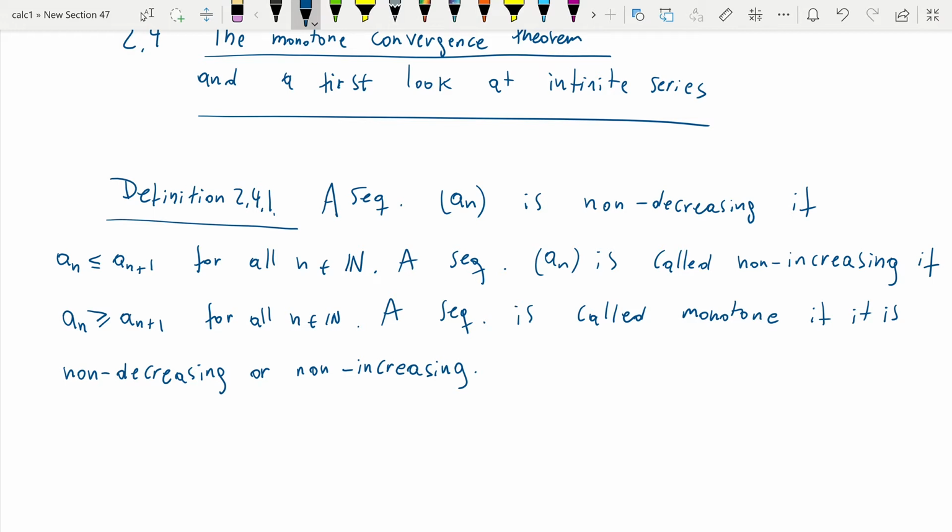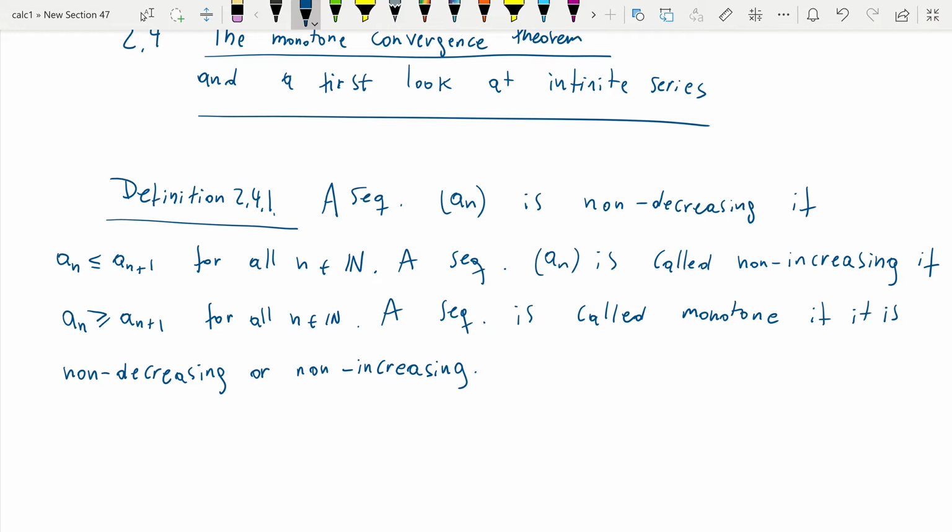A sequence is strictly increasing if a_n is less than a_{n+1}, and strictly decreasing if a_n is greater than a_{n+1} for all n in N. The idea behind this definition is that it allows us to say something about the behavior of the sequence.